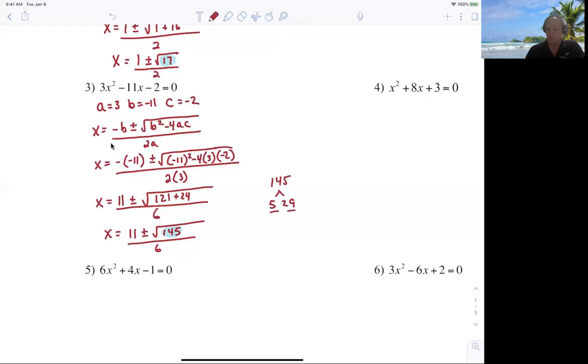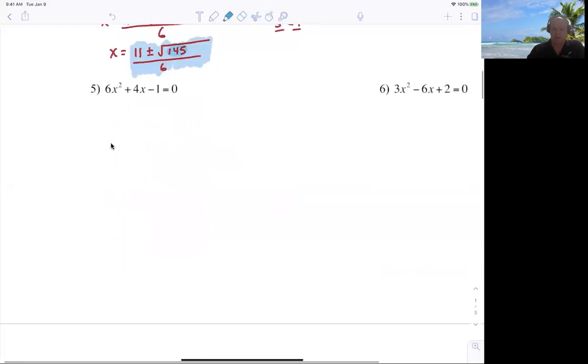Neither one of these is a perfect square, so the square root of 145 cannot be broken down because these are prime numbers. So guess what? That's your answer: x equals 11 plus or minus the square root of 145 all over 6. Just plugging numbers into a formula.